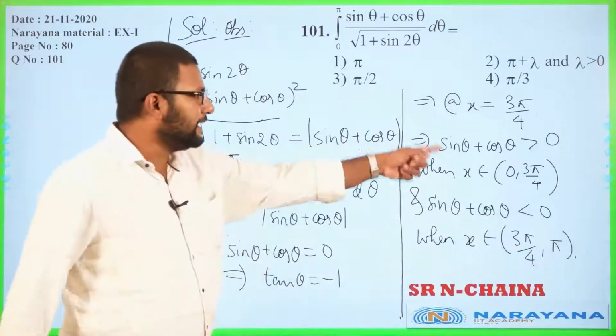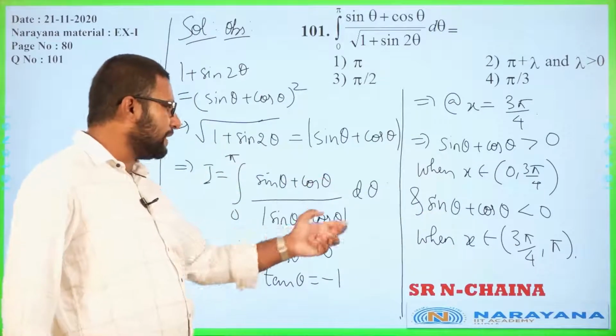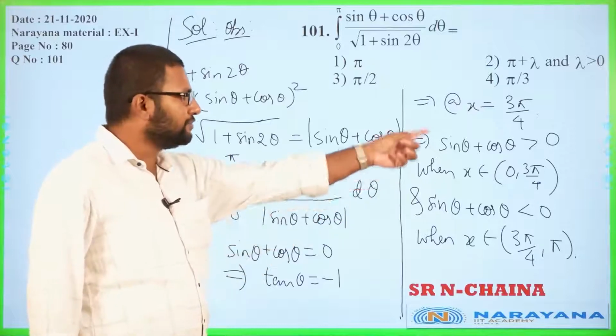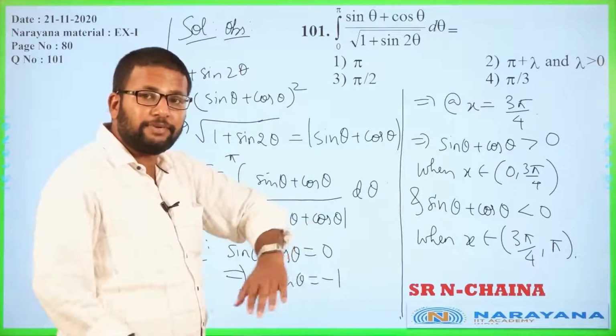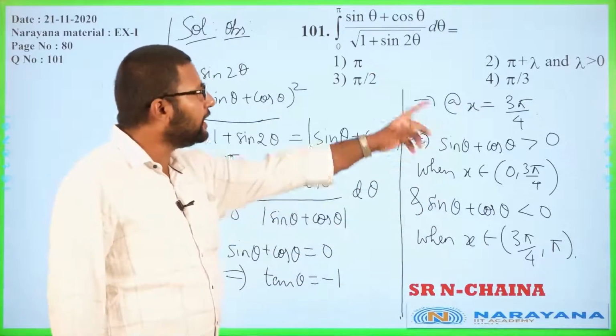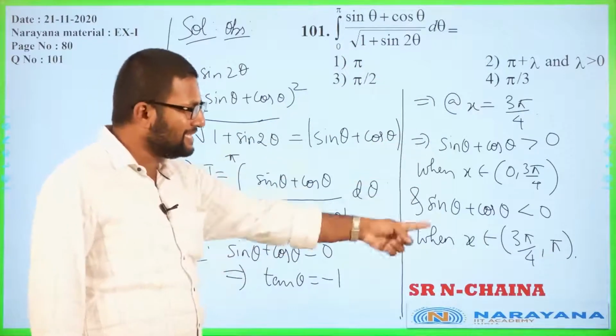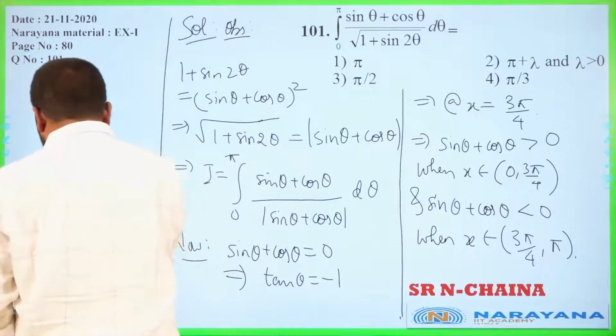Why greater than 0, less than 0? Because we need to get rid of the mod. We need to understand when to put plus here, when to put minus here. So up to this point we have not even been integrating, we're just exploring and playing with the integrand itself.